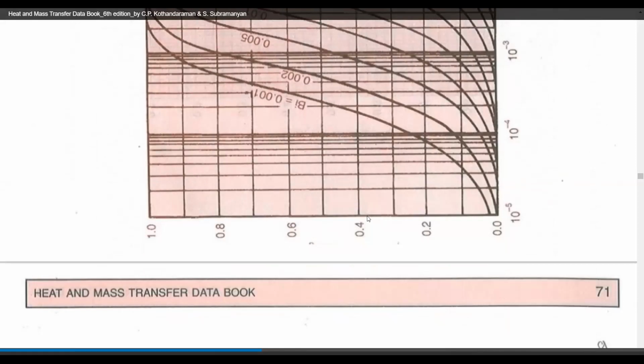About this vertical axis we have the heat transfer ratio, that is Q by Q naught. So here the Q by Q naught term is missing. Please write down Q by Q naught, capital Q by capital Q naught.